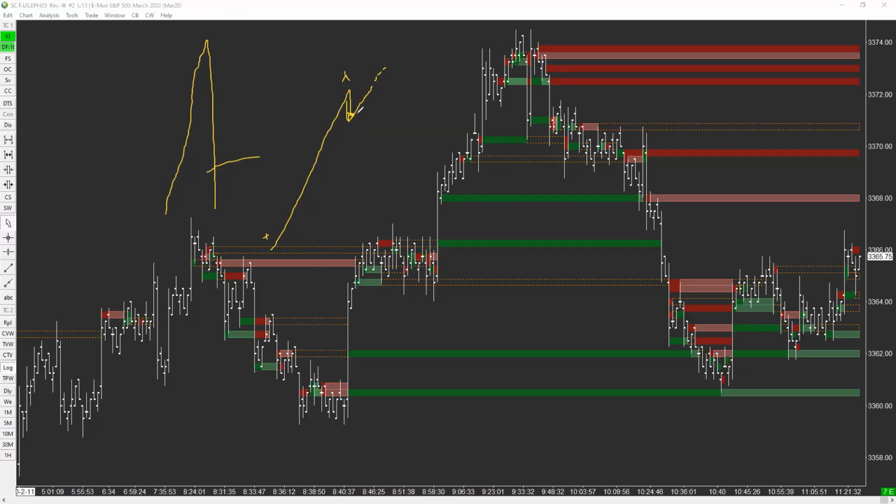Well, why would that make the continuation more powerful? Because a lot of longs weren't allowed to get in, therefore they're not sellers. And a lot of shorts that are stuck selling it from wherever weren't allowed to get out. They're baby birds that are still hungry. They're not satisfied. They didn't get fed. Price didn't come down to let shorts off the hook.